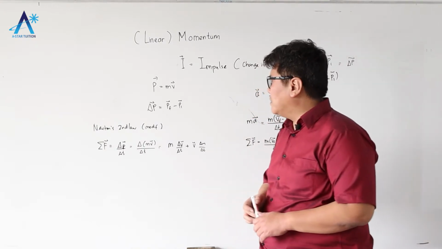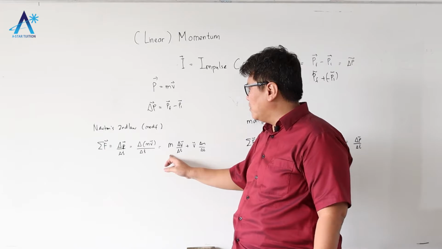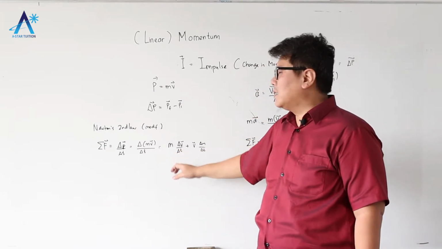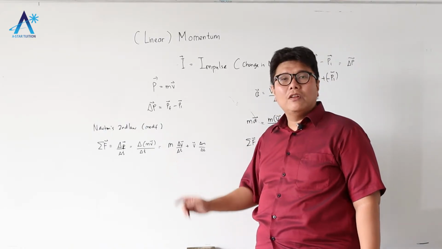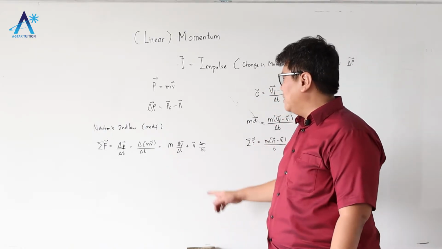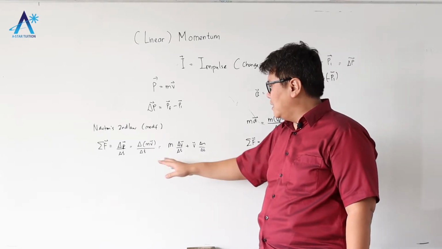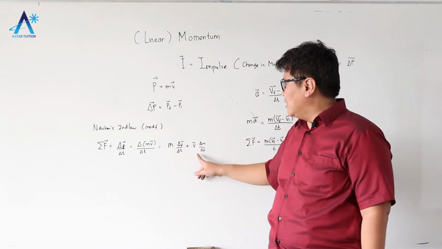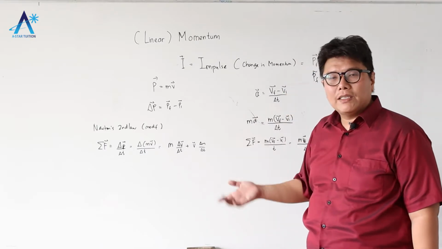So there are two terms, one of which you're familiar with: mass times the acceleration, since delta v over delta t is the acceleration. This is the term caused by the change in velocity. However, there's a term that now appears in the equation that wasn't here before. This term relates to the change in the mass.